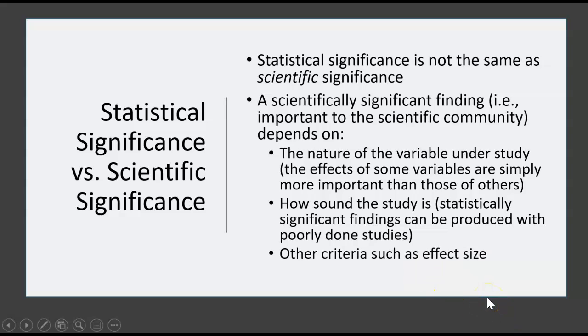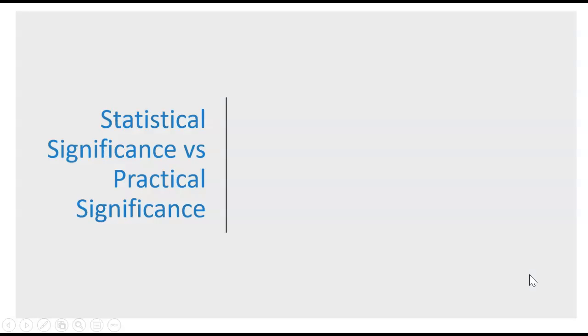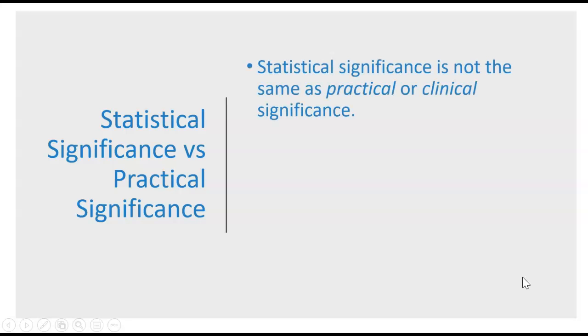And there are other criteria. You could have a statistically significant result, but the effect size is small, then it may have very little meaning in a scientific sense, in terms of the ability of the finding to add to our scientific understanding of a particular behavior. Now we also have to throw in here the fact that statistical significance is not the same as practical significance.